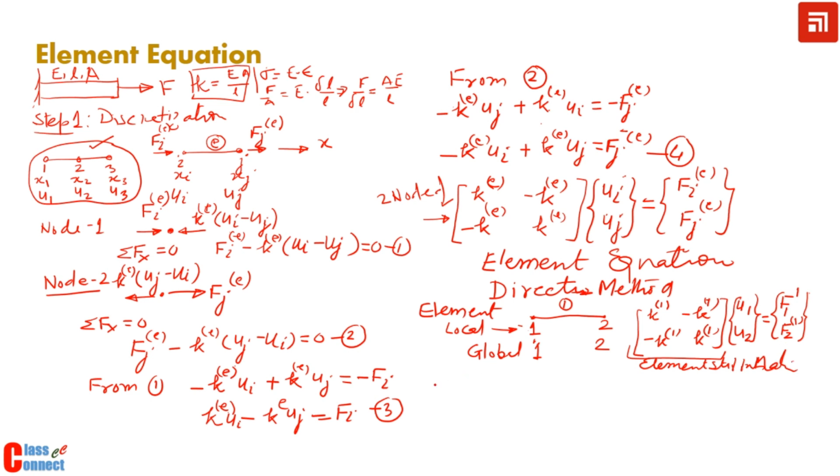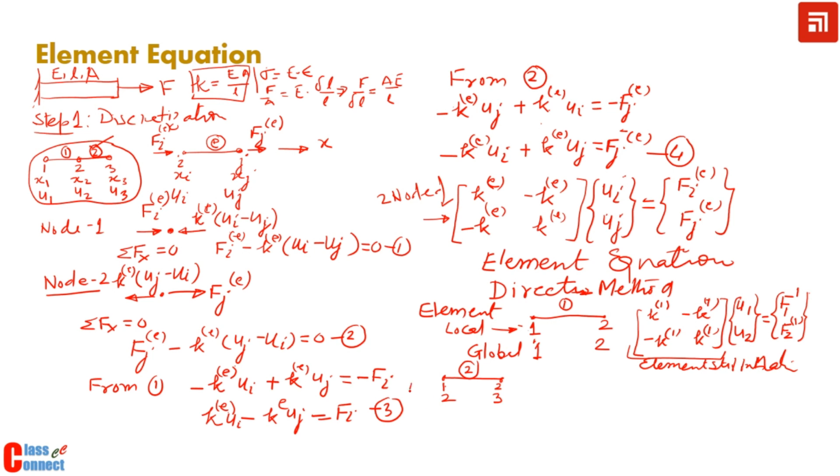Now if we apply this same equation for element number 2, so this is my local node numbering and this is my global node numbering, because element number 2 is this. This is element number 1 and this is element number 2. So first node of local element number 2 is node number 2 here, and second node is node number 3.